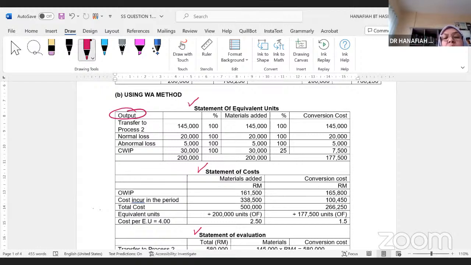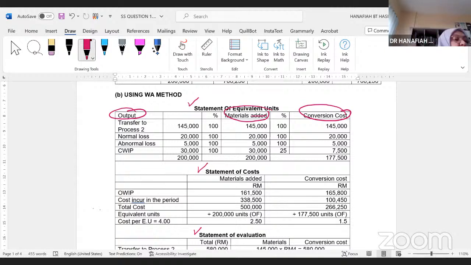All right, you have few columns, which is actually 6 columns. For statement of equivalent, you need material here and the conversion cost. If you don't write added is okay. We know that this is the quantity that you are going to add in during the process. All right. So based on the information, you can see completed and transferred out to next process, which is 100% complete, and we can go to another process.